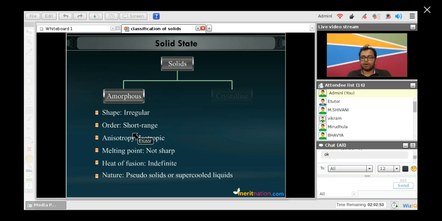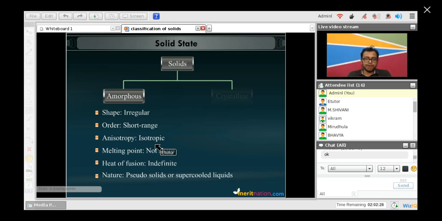That is, if you observe a pattern inside the amorphous solid, you won't observe the pattern over a longer range, right? There will be some pattern for a short range, and then it will be followed by a different pattern or some random arrangement of molecules, right? This is what you will observe in an amorphous solid. Now the amorphous solid is isotropic in nature.